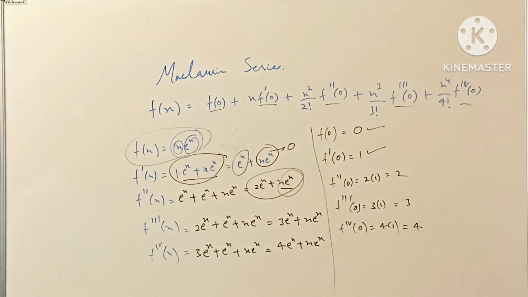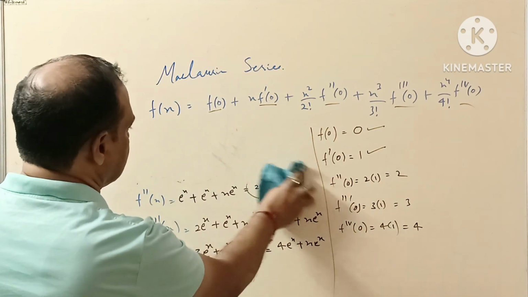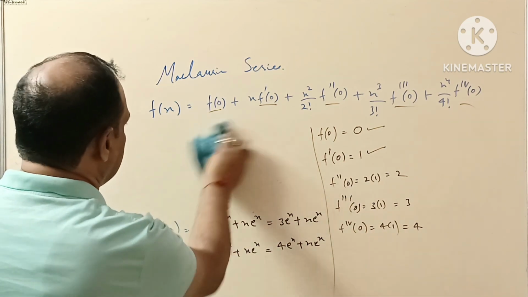Okay, now the only thing left is to put these values in their desired places, and on putting these values I will have the required answer for the function f(x).